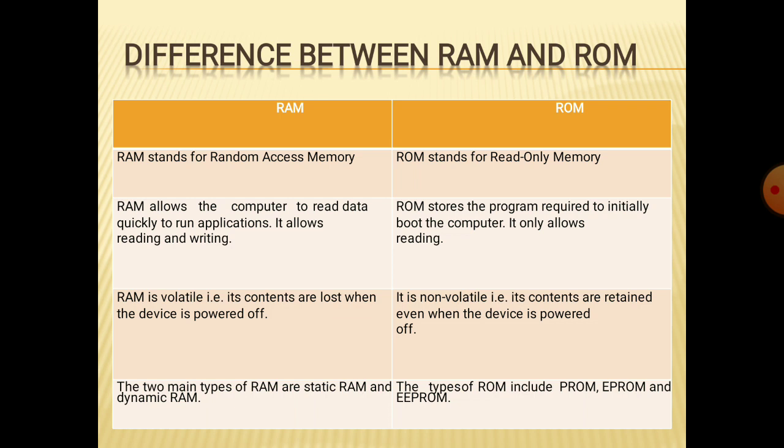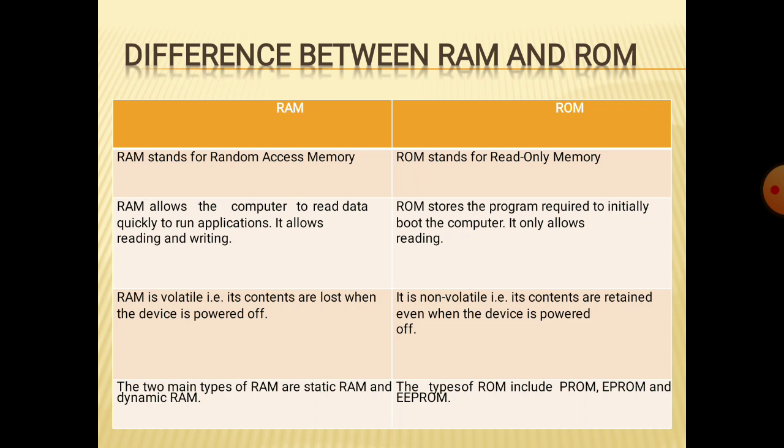The very first is you have to write the expansion of RAM and ROM. The expansion of RAM is random access memory, and the expansion of ROM is read only memory. As you can see from the names, random access memory will allow you to perform both reading and writing operations, whereas ROM will allow you only to read the content.